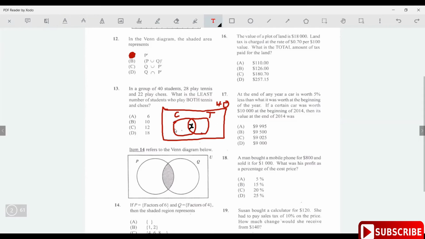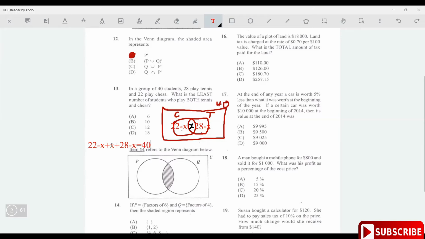If you call the intersection x right here, then those that play chess only would be 22 minus x. And we know that those that play tennis only is 28 minus x. And so all we're going to do is solve this equation. We know that the total is 40. So you just need to write down 22 minus x plus 28 minus x equals 40.